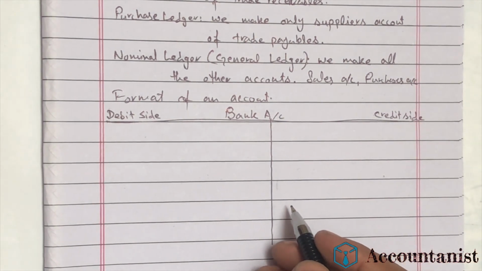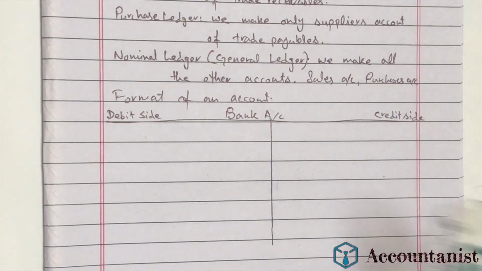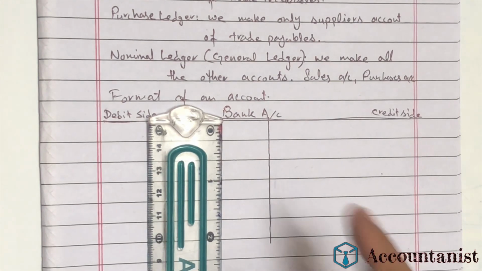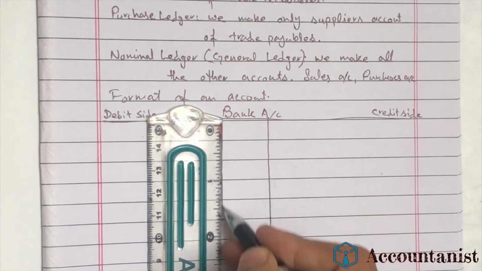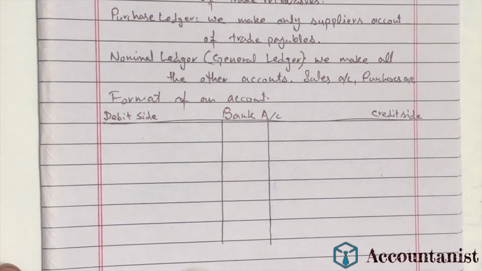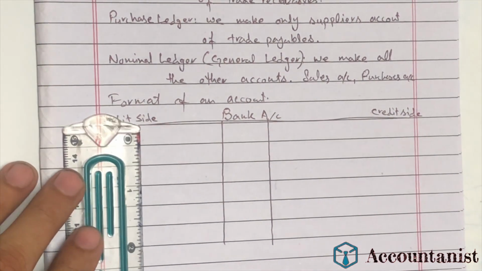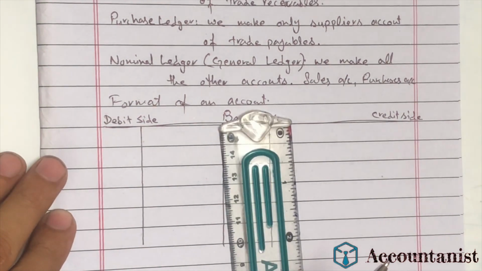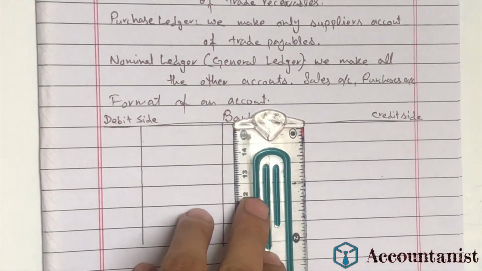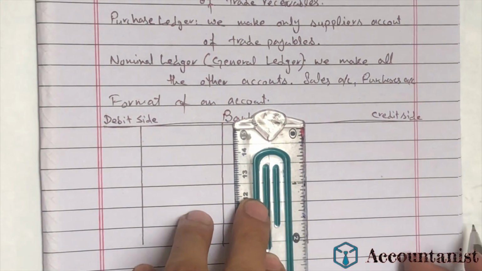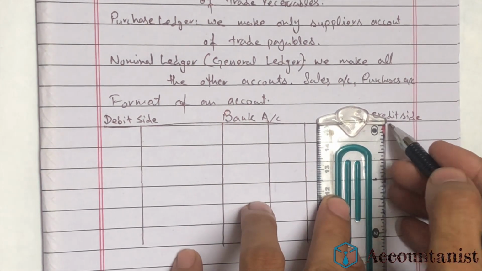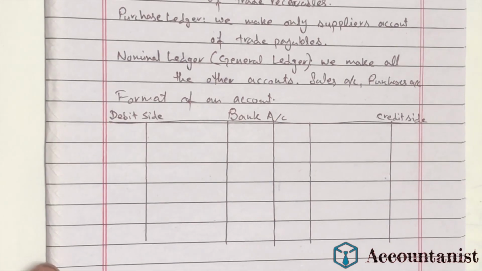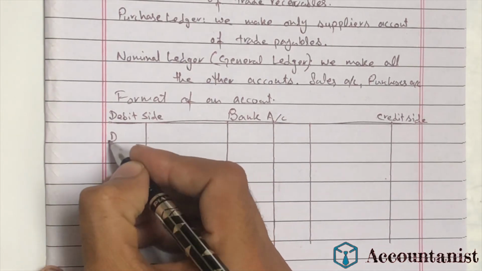We also have some columns here. We have 3 columns on each side. Let me make these columns for you, then I will explain each column. The first column, we record the date.